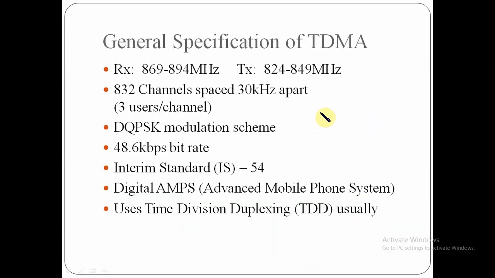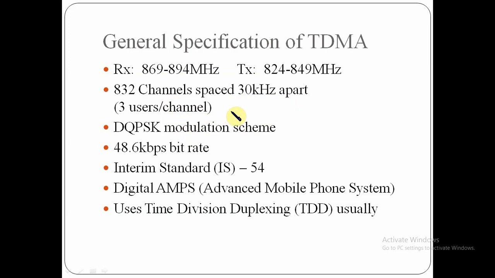These are some general specifications of TDMA. The receiver uses 869 to 894 megahertz, and the transmitter uses 824 to 849 megahertz. It has 832 channels spaced 30 kilohertz apart, with 3 users per channel.